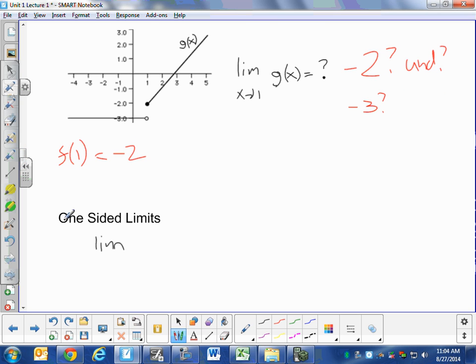It's the same lowercase lim, x arrow, as x approaches c, but you're going to put a negative sign in the exponent of the c.